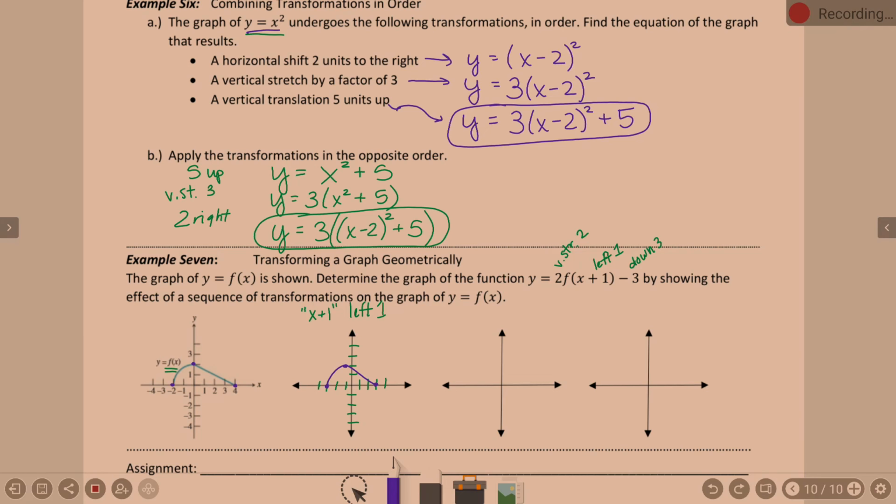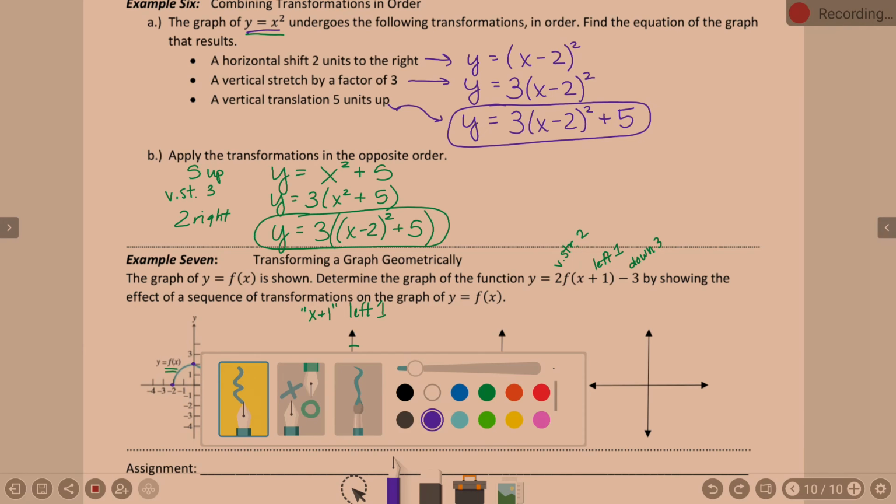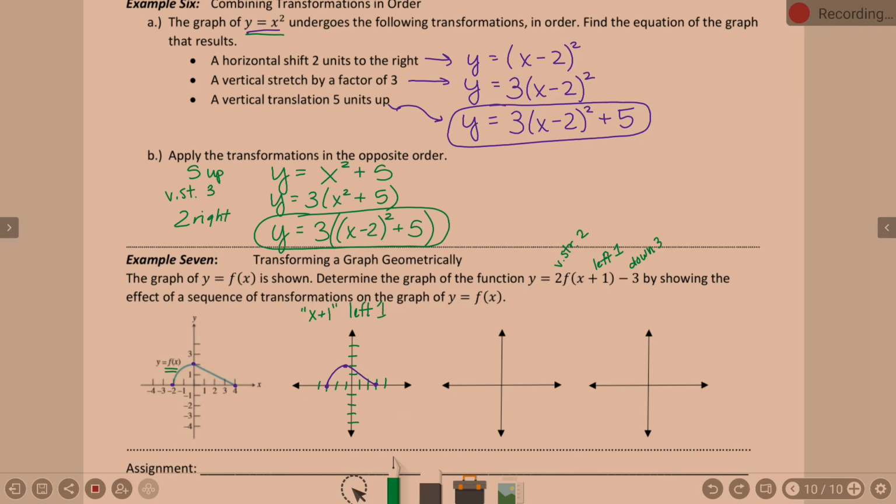What do you think needs done next? Stretch 2. And here's the deal. Work closest to the x. The left one was on the inside there. Then you've got the times 2. So we are going to think next about the 2 times f of x, which is our vertical stretch by a factor of 2.